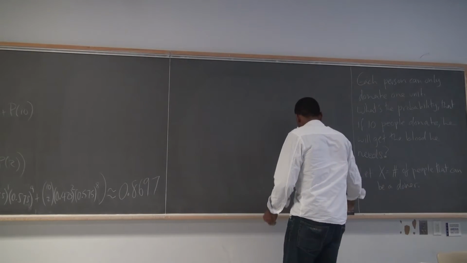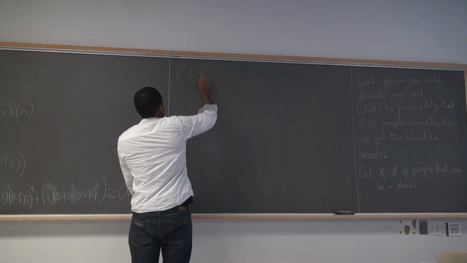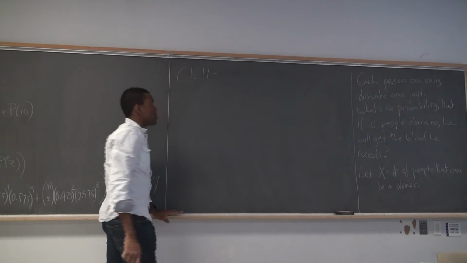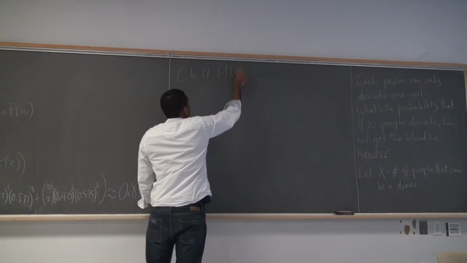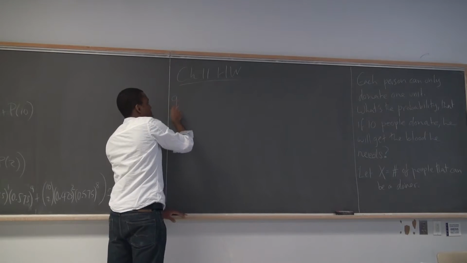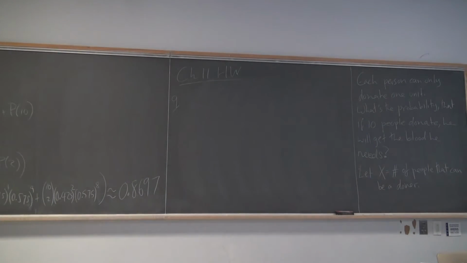Did anyone actually start the review problems from the exam? You can probably ask me about those. Those will be more like your test. So we're doing chapter 11. One more. Maybe after this we'll do some stuff from the exams. Number 9, what did that say? Does anyone have the book?